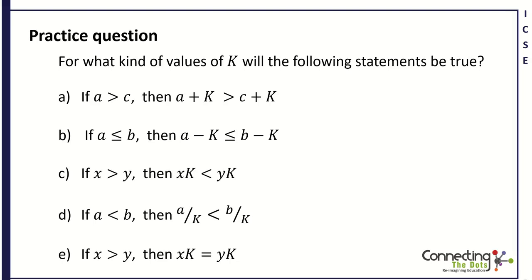Now adding any number, positive or negative, to the two sides of the inequation will not change the inequality, will not change the sign. So k can be any number, k, any real number.